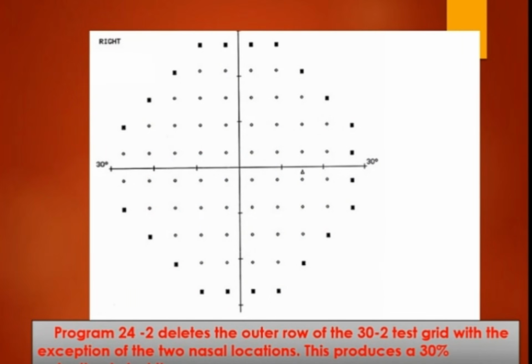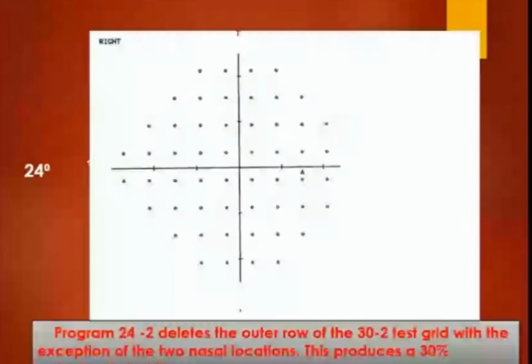So look at what the central 30 looks like. You can see the points tested. Like I said earlier, for the central 24, the outer ring is omitted.